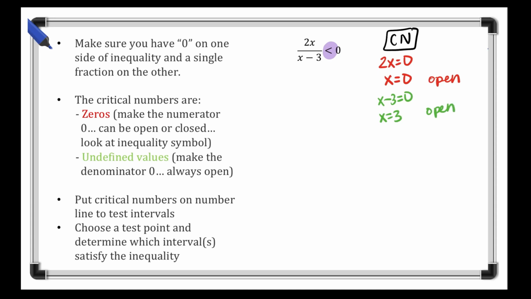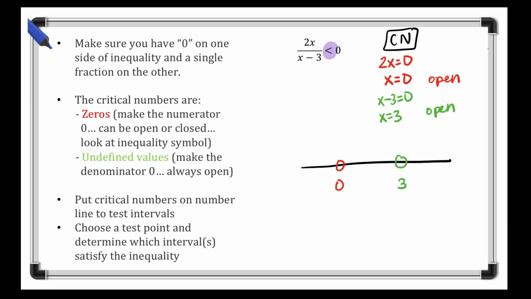Your undefined values in your denominator will always be open because you cannot have the denominator of your fraction ever equal to 0. Once you get your two numbers, so 0 and 3, you're going to make your number line. You're going to put your critical numbers on your number line. So you have 0 and an open circle, and you have 3 as an open circle.